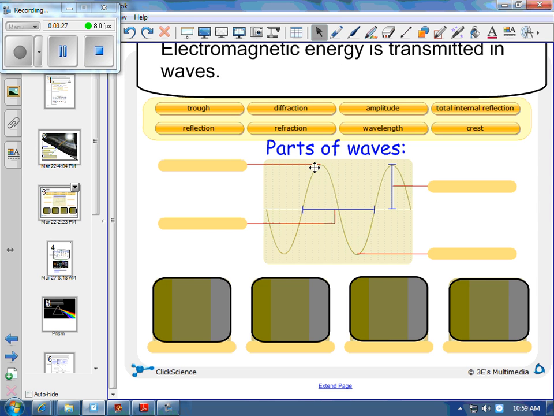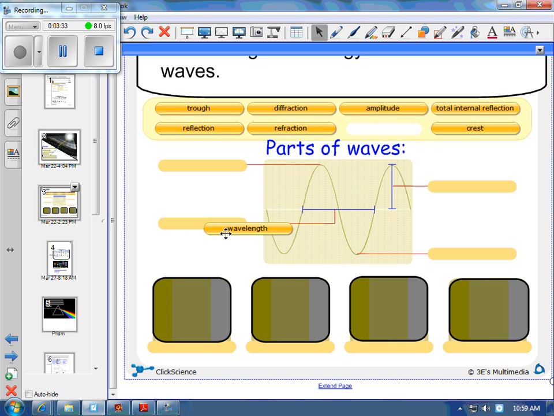And I'm going to label my waves. So my first label is going right here. A wavelength is how long the wave is, and it goes from one point on the wave to a similar point on the wave. That is a wavelength, one full wavelength.